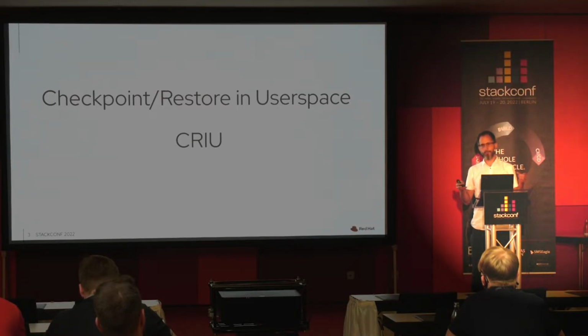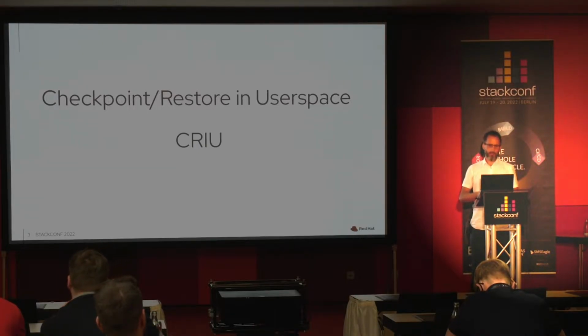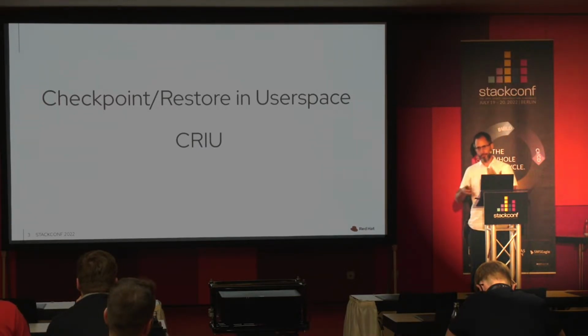And at the time, the main focus for checkpoint restore was actually, I think, high performance computing. So you have a really long running job on thousands of nodes, and if one fails, all your computation time is gone, and so you try to create fault tolerance using checkpoint restore.